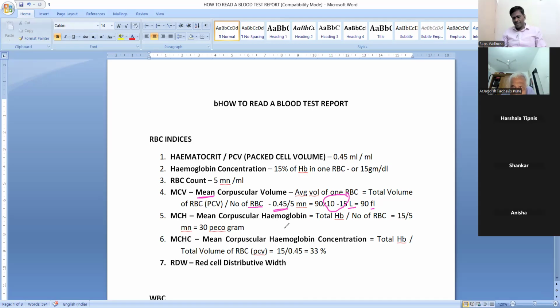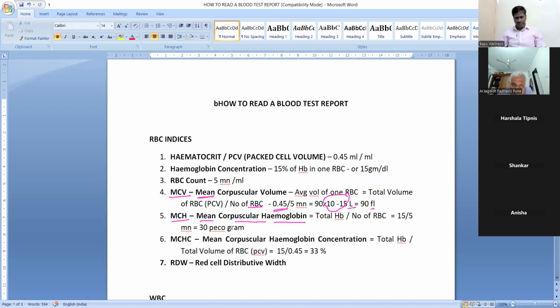Why do we see this? To calculate the size of the cell and the level of hemoglobin that it can accommodate. That is the ultimate objective of calculating the mean corpuscular volume. Then the juicy part, the actual hemoglobin content, is the mean corpuscular hemoglobin.